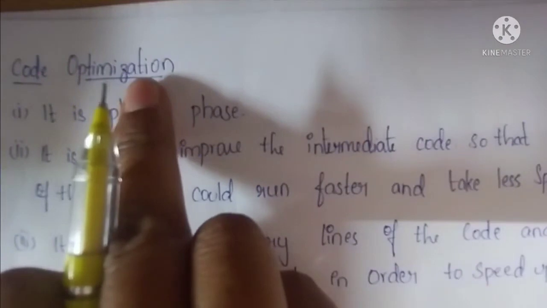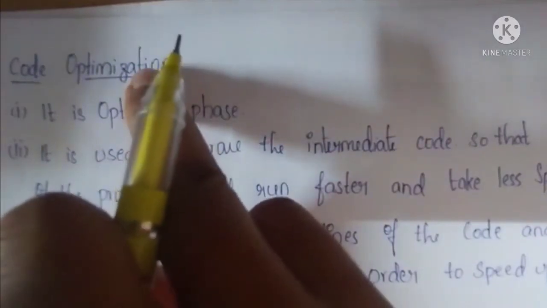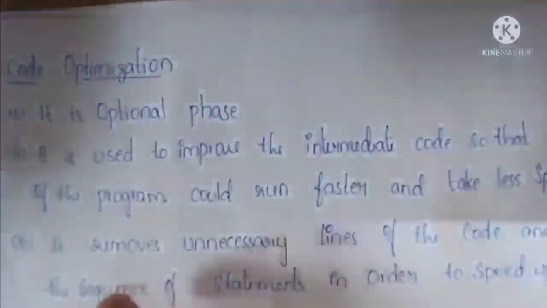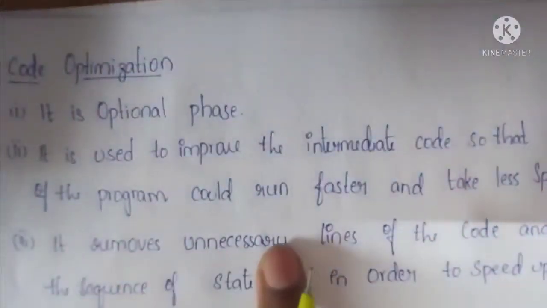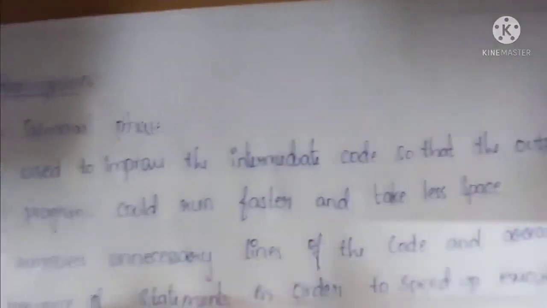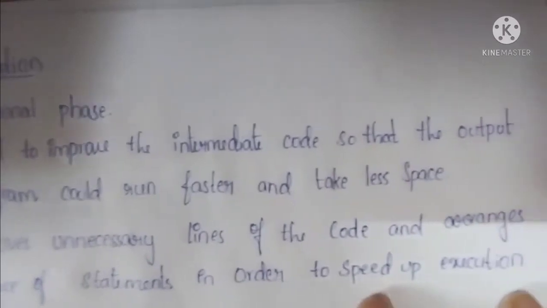The name itself suggests code optimization, which means we are reducing the unnecessary code in our program. It removes the unnecessary lines of code and arranges the sequence of statements in order to speed up the execution.